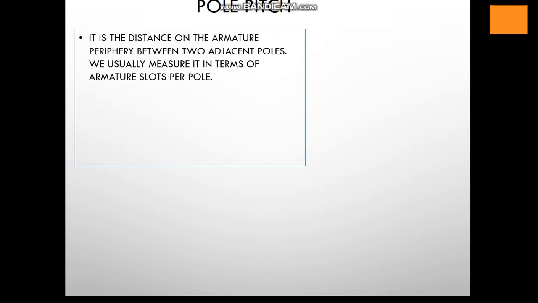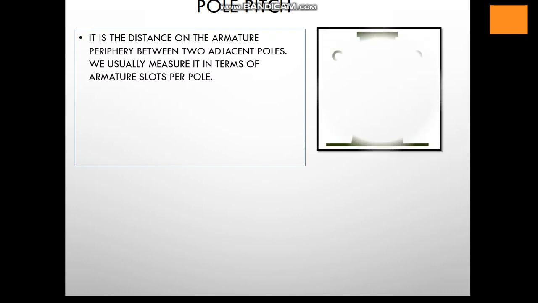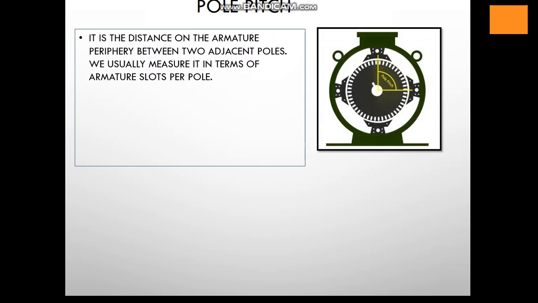So pole pitch is the distance of the armature periphery between two adjacent poles. We usually measure it in terms of armature slots per pole. For example, in this figure, we have 4 poles.